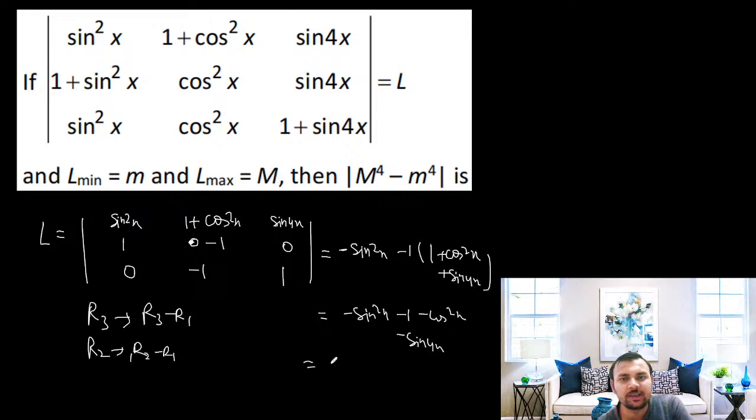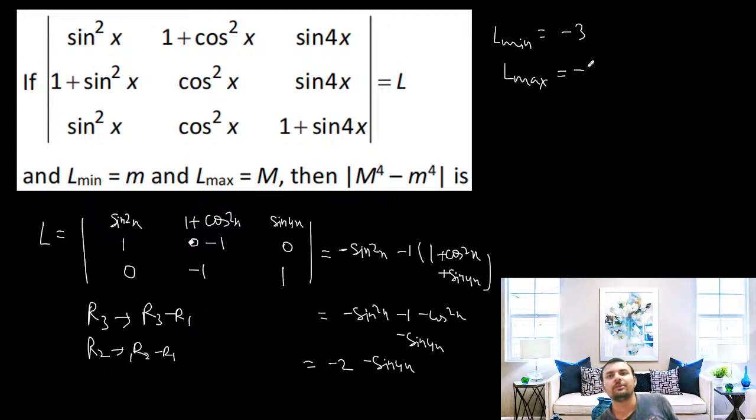This is nothing but minus 2 minus sin 4x. So L mean is minus 3, L max is minus 1. So M4 minus M4 mod 80.